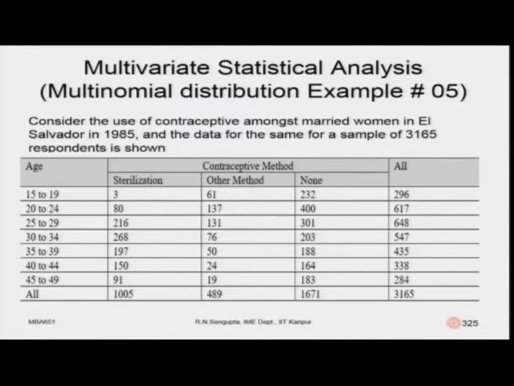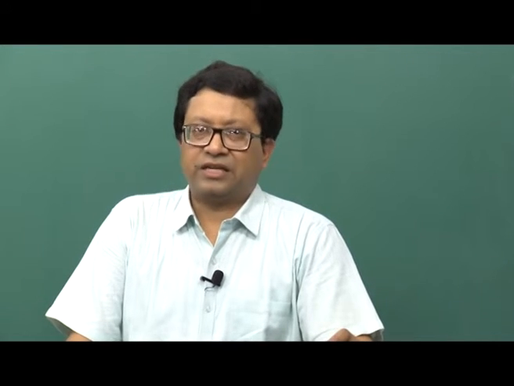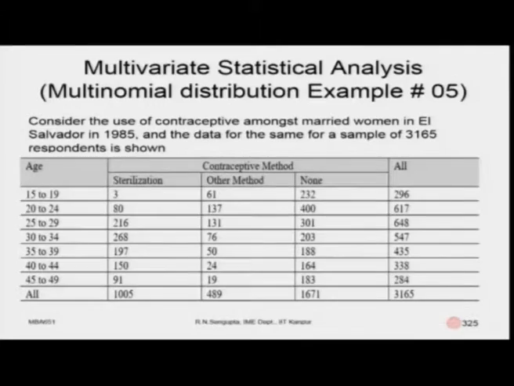To give an example, for the age bracket 35 to 39, the numbers of women who use sterilization, other methods and none are 197, 50 and 188. Correspondingly the values are given for each age bracket, and the last column is the summation of all the women in each age category. For example, for the age category 20 to 24, the total number is 617.